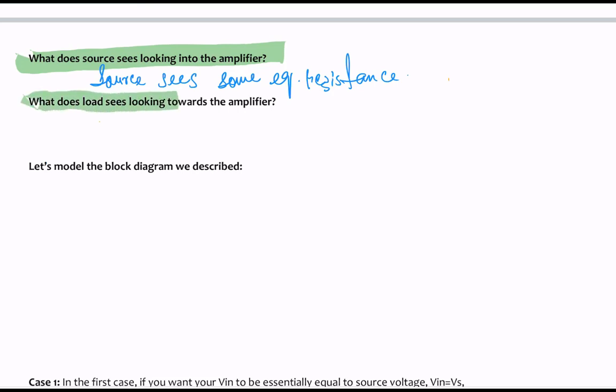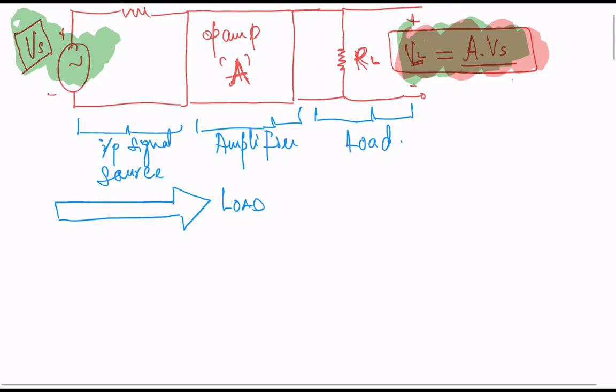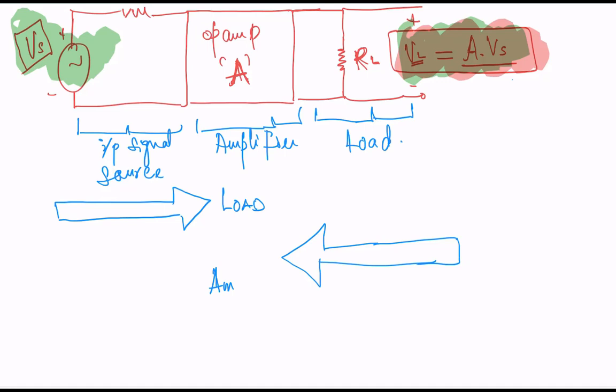Now, second question. What does the load see looking towards the amplifier? If you want to look at it from the perspective of the load, what does the load see looking at the amplifier? Well, the load looking at the amplifier sees some amplified version of the input signal, which is A times VS, the input signal.